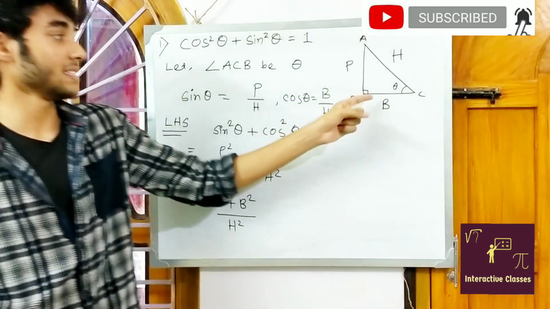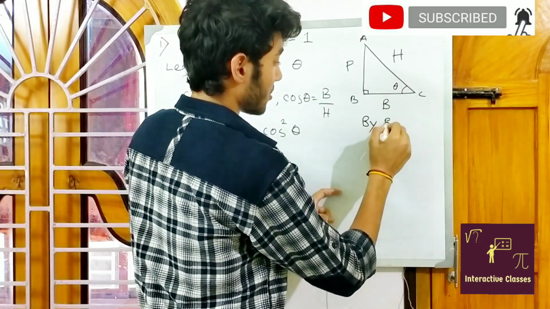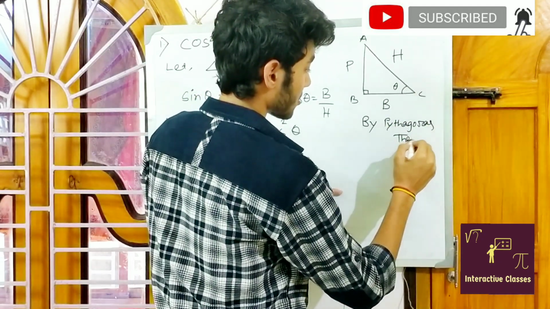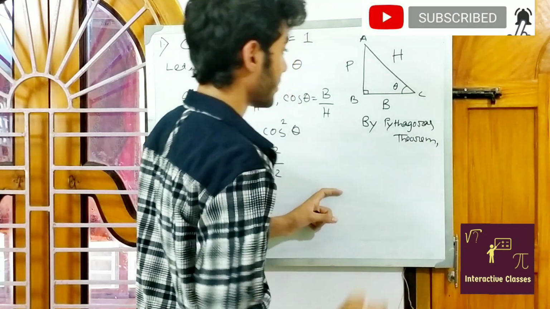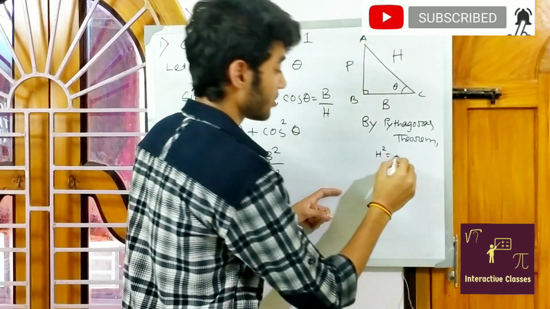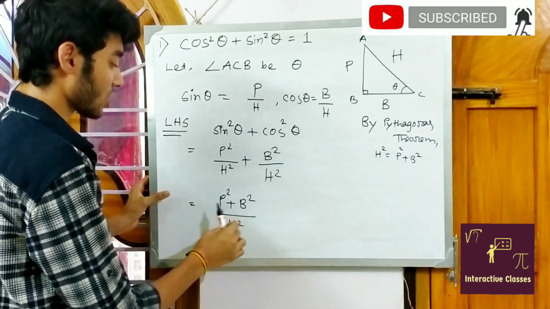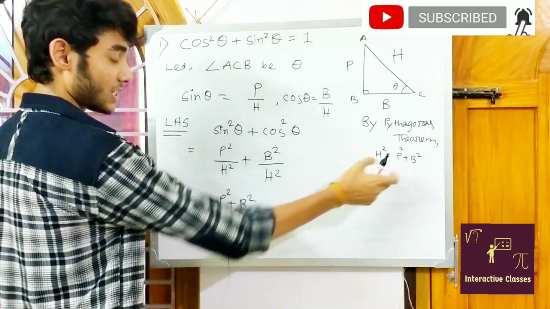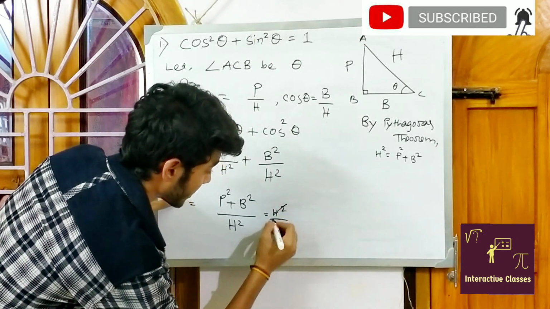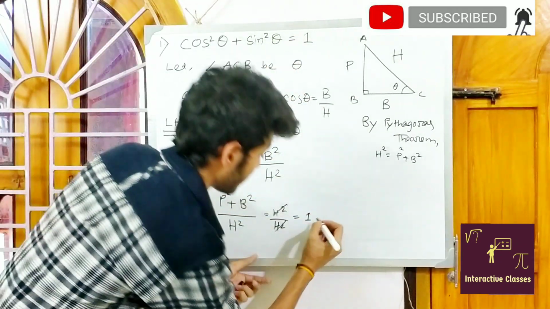Now since it is a right angle triangle, by Pythagoras theorem, H square, hypotenuse square, is perpendicular square plus base square. So P square plus B square is nothing but H square. So H square upon H square gets cancelled and we get 1, which is RHS.